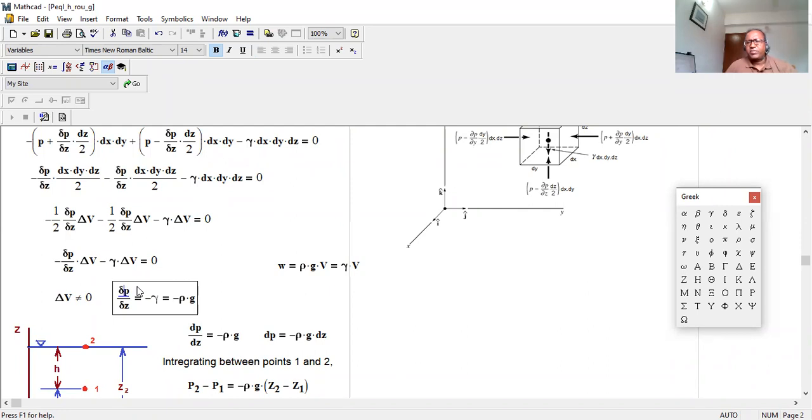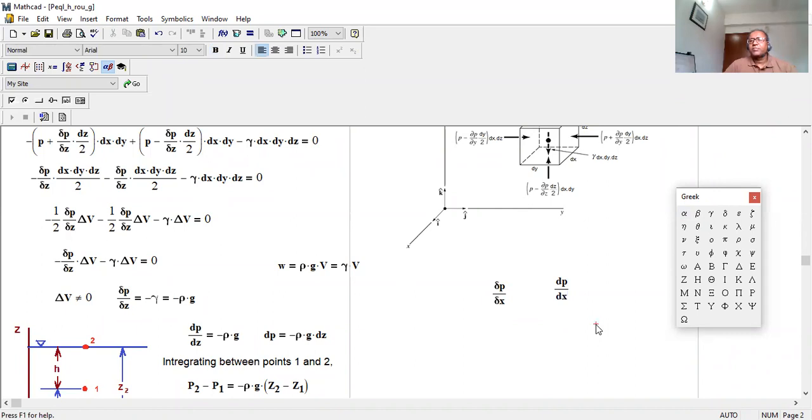What is the difference between del and d? Anyone? I am writing here, del p. Yeah, go ahead. When will you use this one? Sir, I will use del when I differentiate only with respect to x, in a particular case, and I can also do it with respect to y.